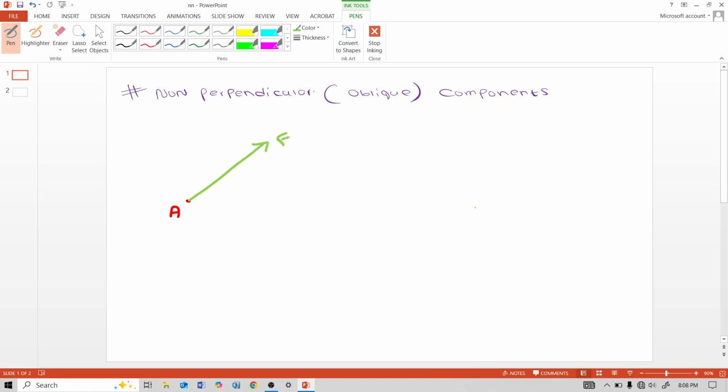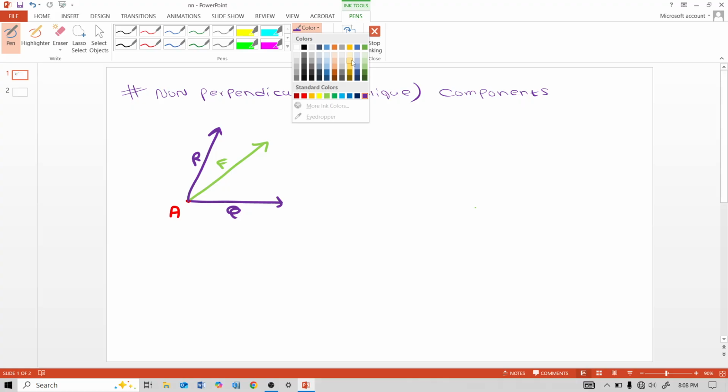Consider and resolve this force F into oblique components. Name one Q and the other R. So this Q and R are oblique components of that force F. See, this force F makes an angle alpha with component Q, and force F makes an angle beta with component R.